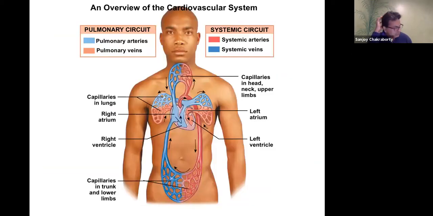So now the question is, in order to understand the heart structure better, what we need to know is how the blood flows through the heart. Because bottom line is, the heart acts as a pump. So if you know how blood flows through the heart, you know 90% of the heart structure.